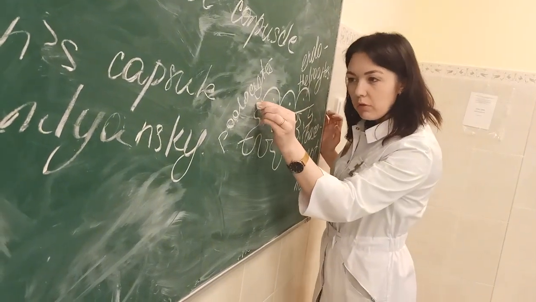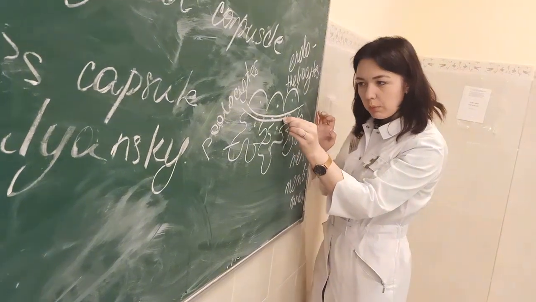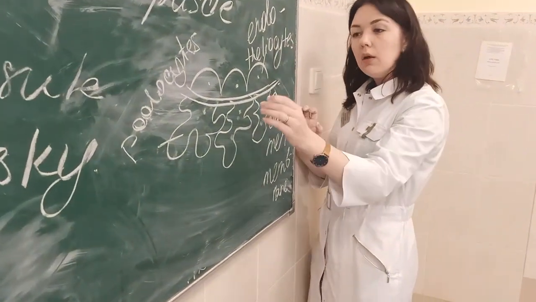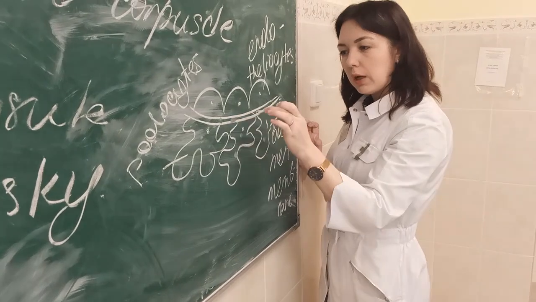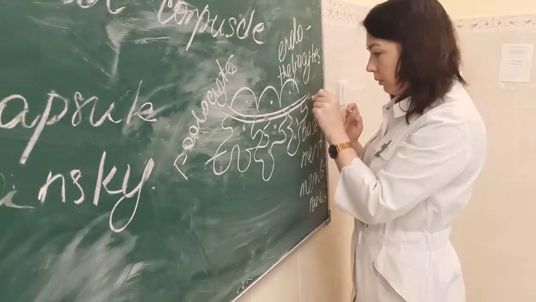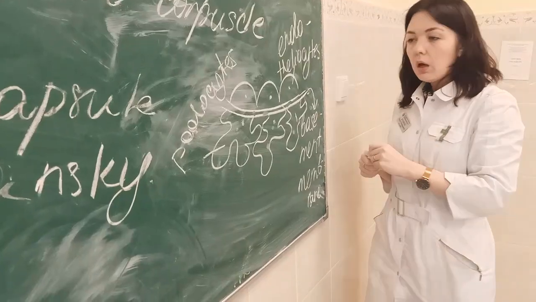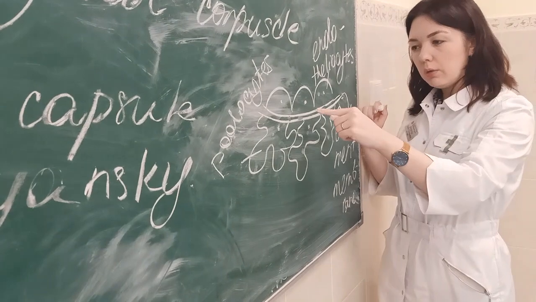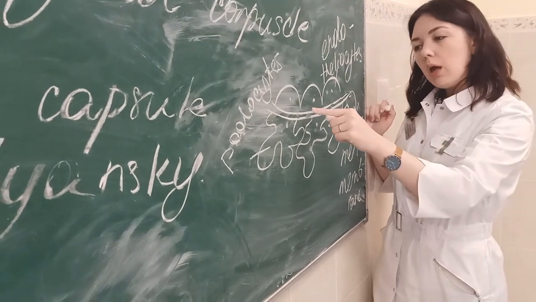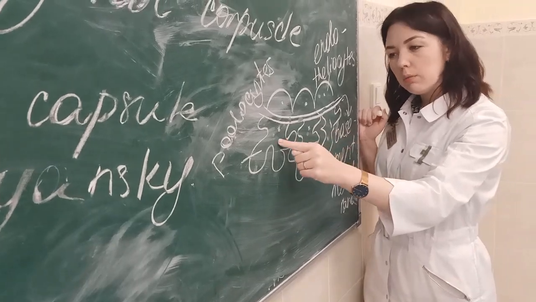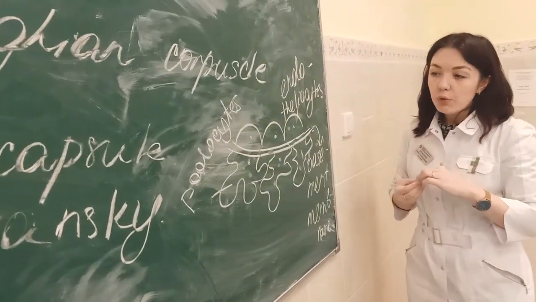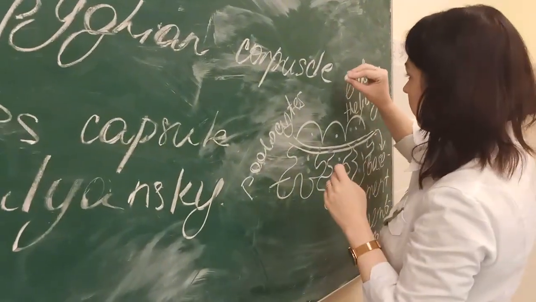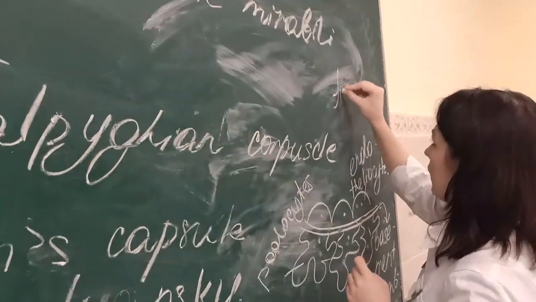But podocytes have their own basement membrane. There is another basement membrane for the podocytes. So, four components: endothelium of capillaries and their basement membrane, and the basement membrane of podocytes and the podocytes themselves form the filtration membrane. This is the filtration membrane.